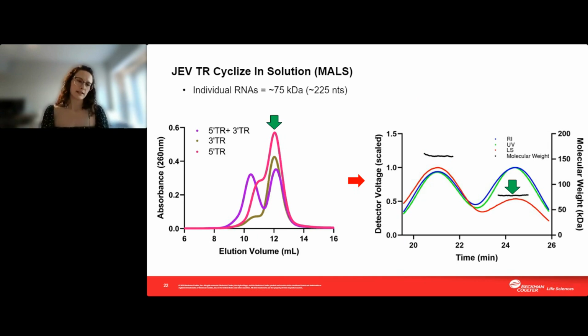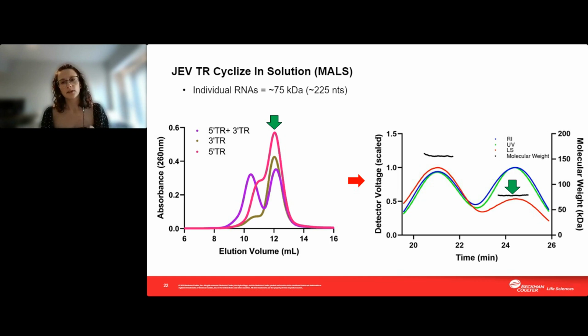If we're looking at the SEC results, under the green arrow there, we can see that the peak comes off at about 12 mL. If we only look at the brown-green line right now for the 3' TR, as well as the pink line for the 5' TR, we see that the majority of the sample comes off at 12 milliliters.